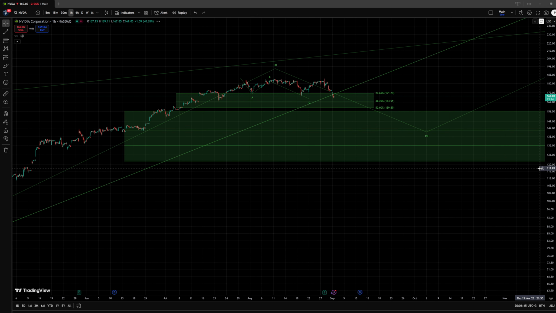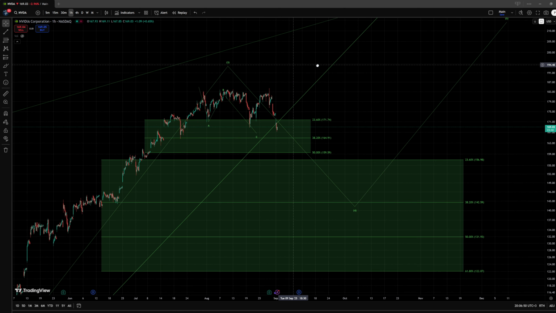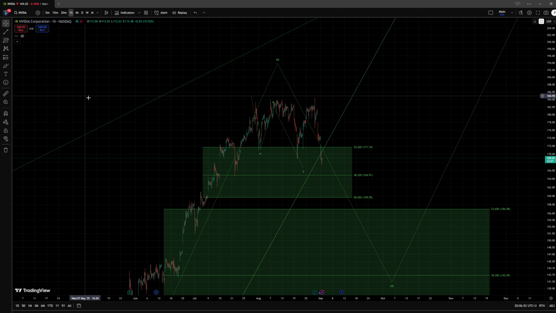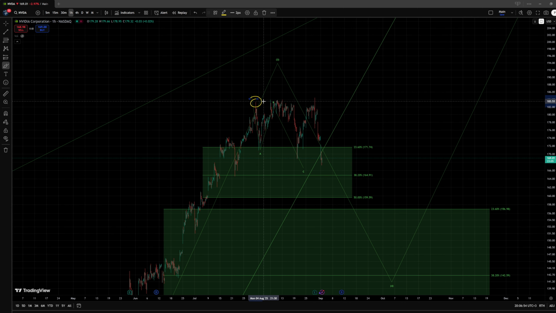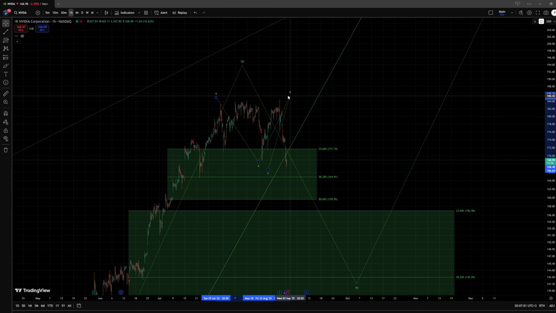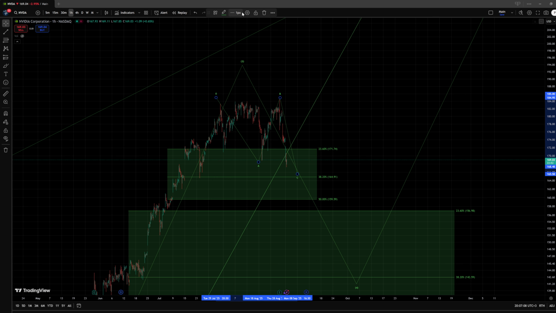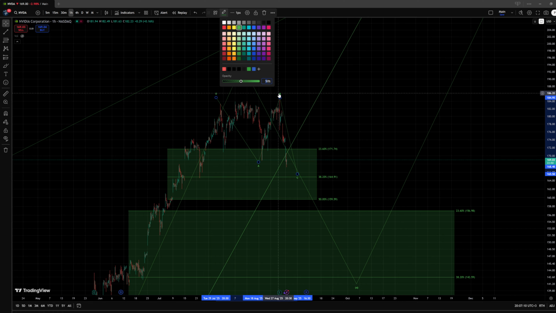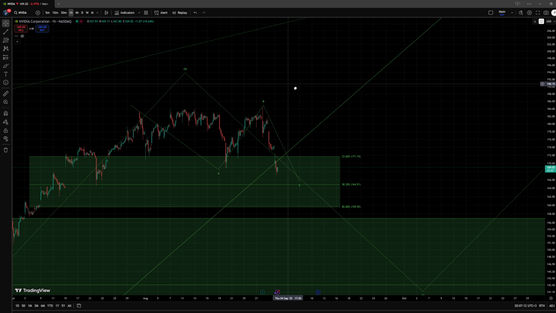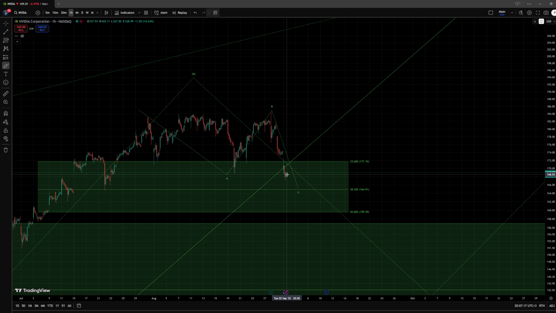But for now I could say that within this correction that we started here, we have a couple of ways we could look at it. Firstly, this could have been an A wave that developed down here, then a B wave up here, and then this could be a C wave to the downside, where we could actually complete it decently soon.